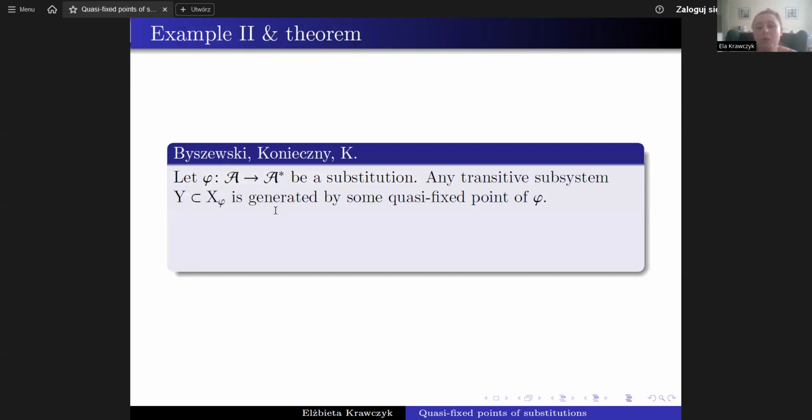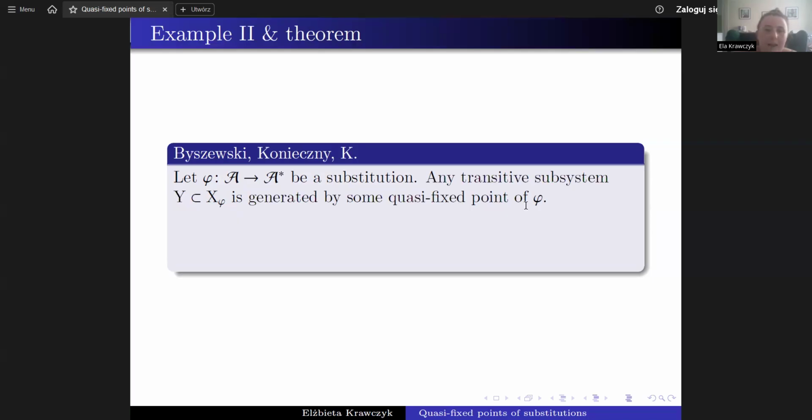And what we showed in our older paper, although we haven't at that time stated it in this way, is the following characterization. Starting with some substitutive system, any transitive subsystem of the system is generated by some quasi-fixed point.